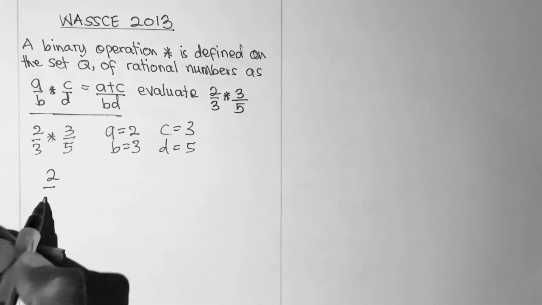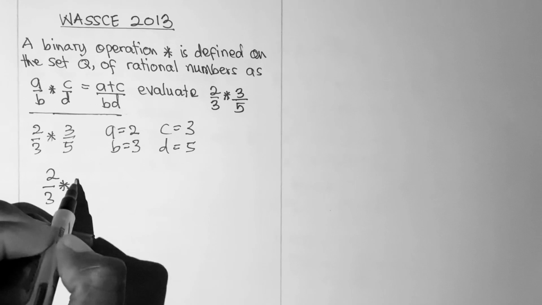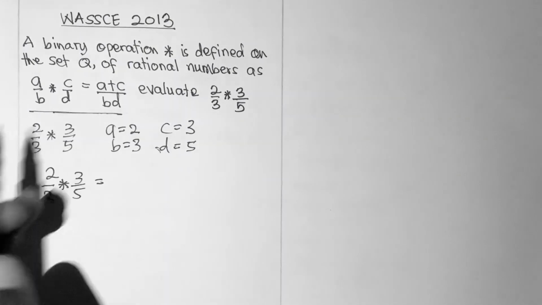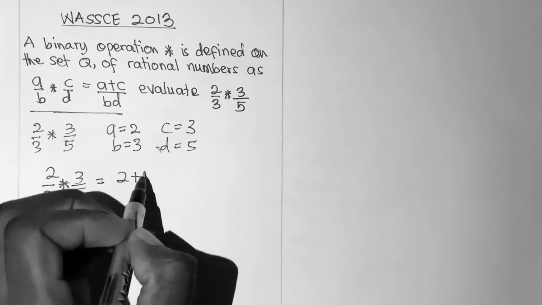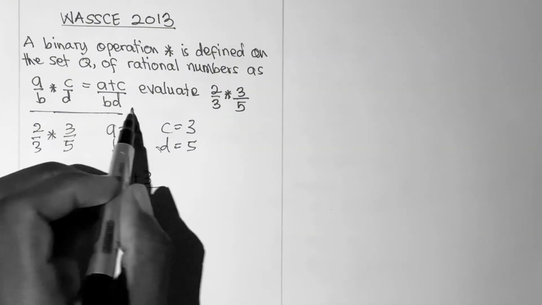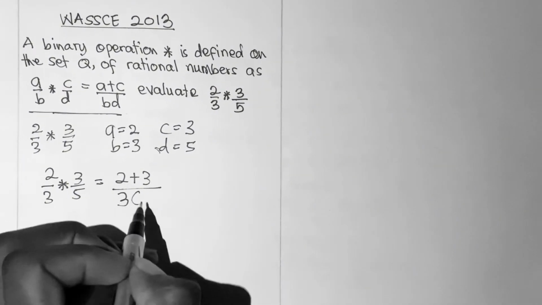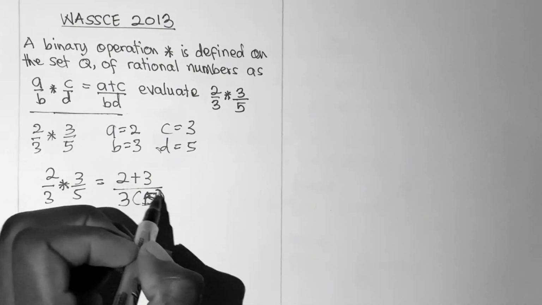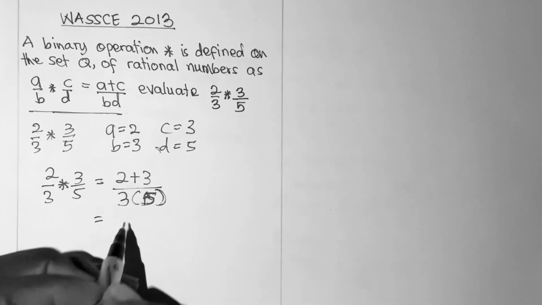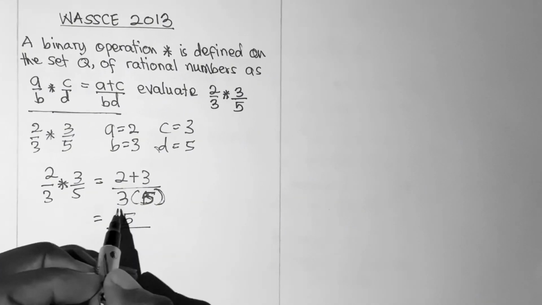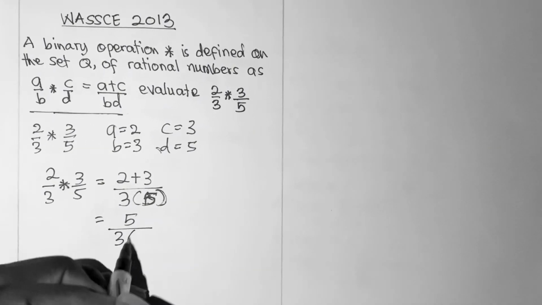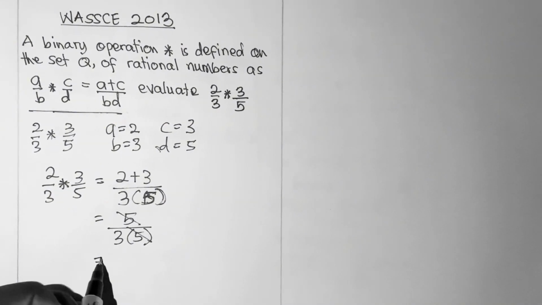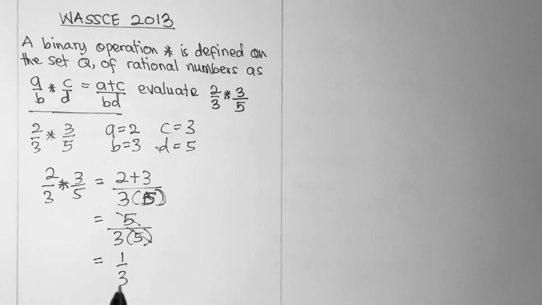So 2 over 3 operation 3 over 5 is equal to A plus C, which is 2 plus 3, divided by B times D. B is 3 times D, 5. So 2 plus 3 is 5, divided by 3 times 5. So you see that this 5 and this 5 can cancel out. So at the end of the day, the answer is 1 over 3.